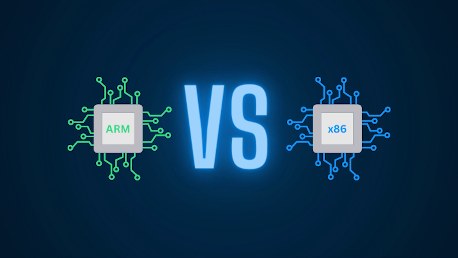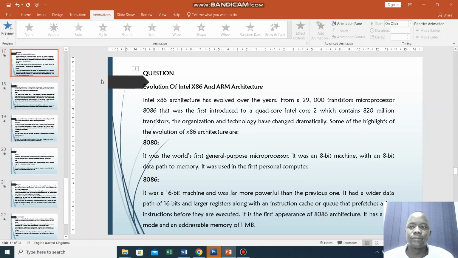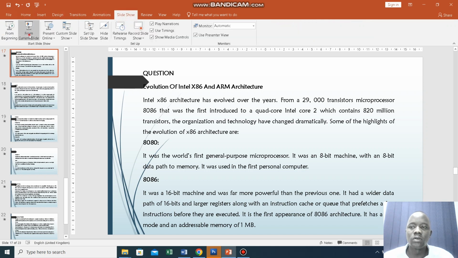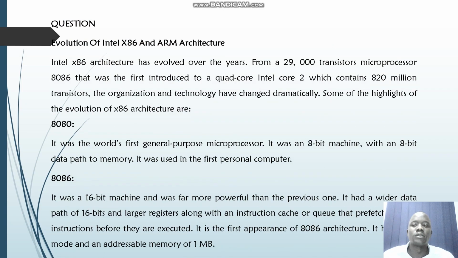Well, looking at the evolution of Intel x86 and the ARM architecture.